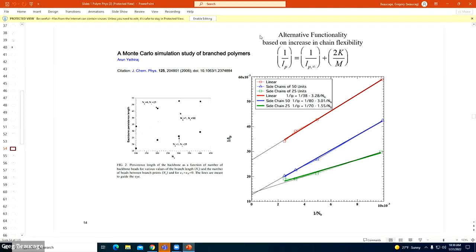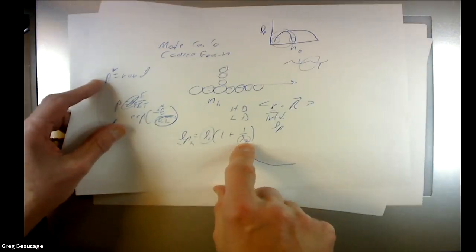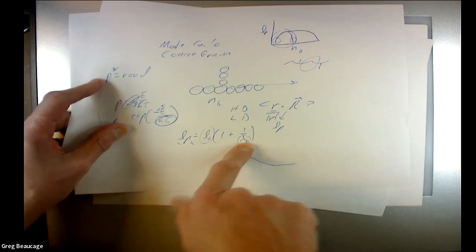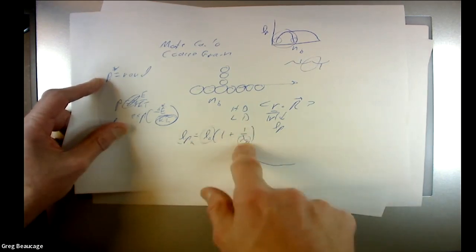Except that in the literature they end up with this kind of function, where the term of interest is this lambda term, which is kind of a flexibility term. When they write these things out, this is the term that people use.